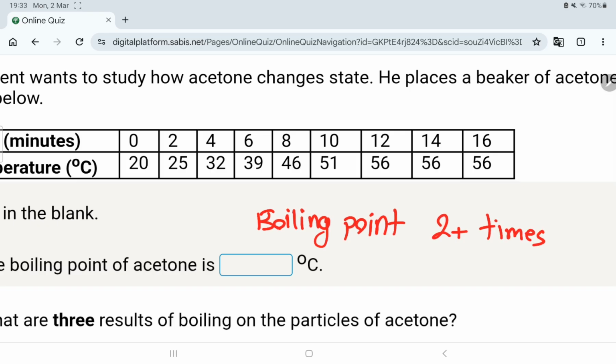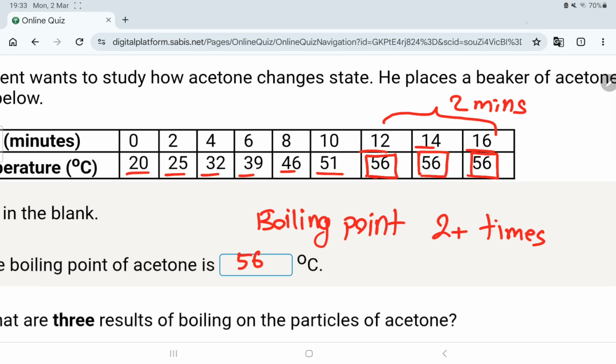Okay, so let's see. 20, 25, 32, 39, 46, 51, 56, 56, and 56. 12 minutes, 14 minutes, 16 minutes. So this is a whole entire 2 minutes, right? And look what happens here. It's still 56. So what do you think the boiling point is? 56 degrees.